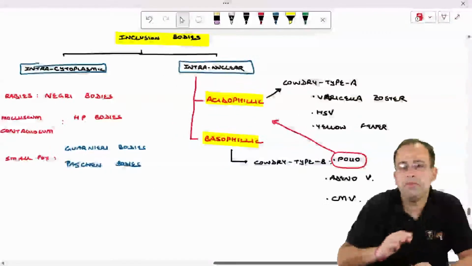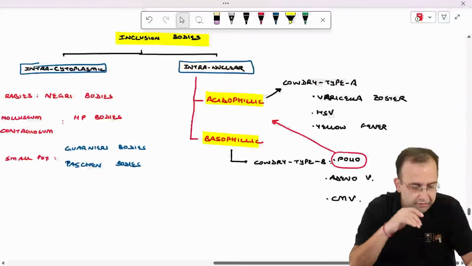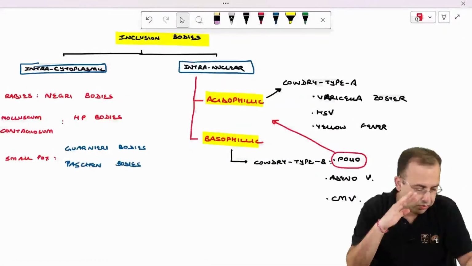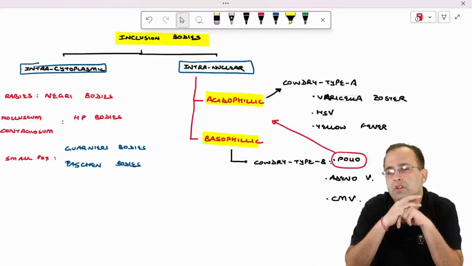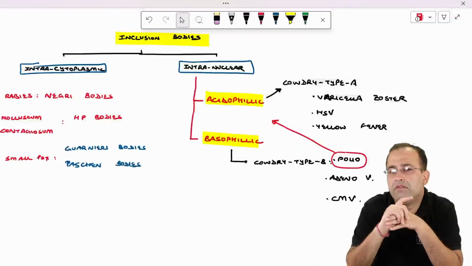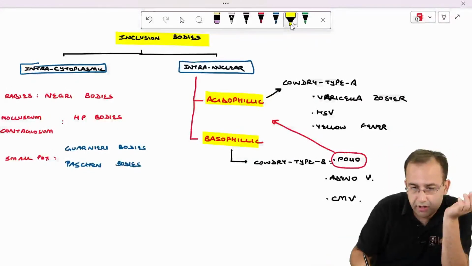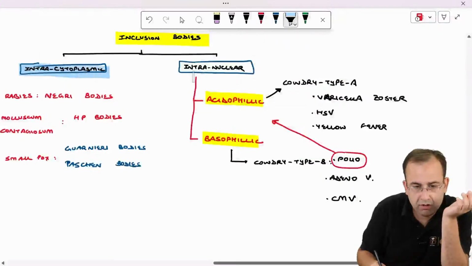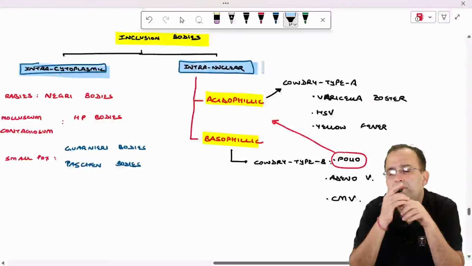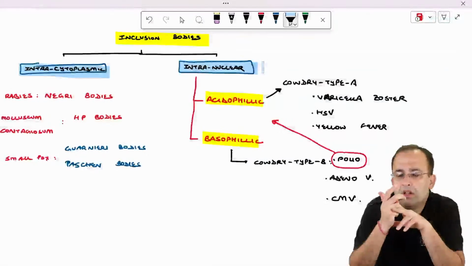An extremely important table of inclusion bodies. Very, very important. We need to know this. Inclusion bodies associated with various viruses. We divided the inclusion bodies into intracytoplasmic versus intranuclear. Rabies, black dog bites, Negri bodies.